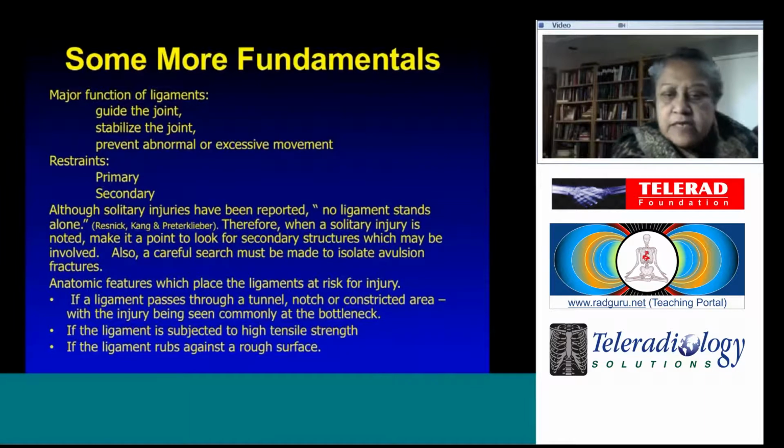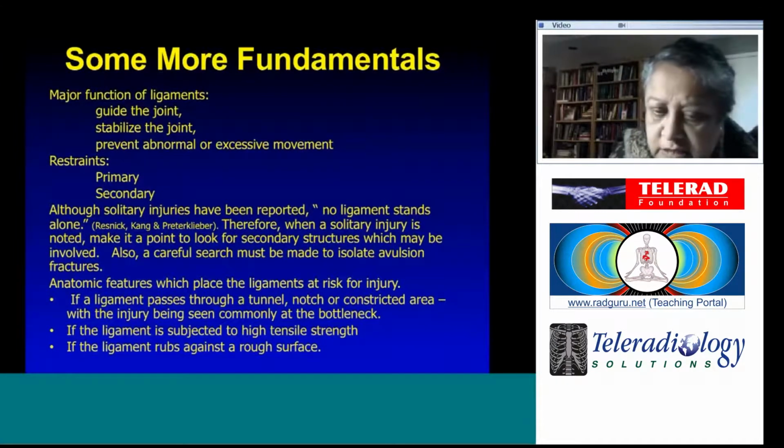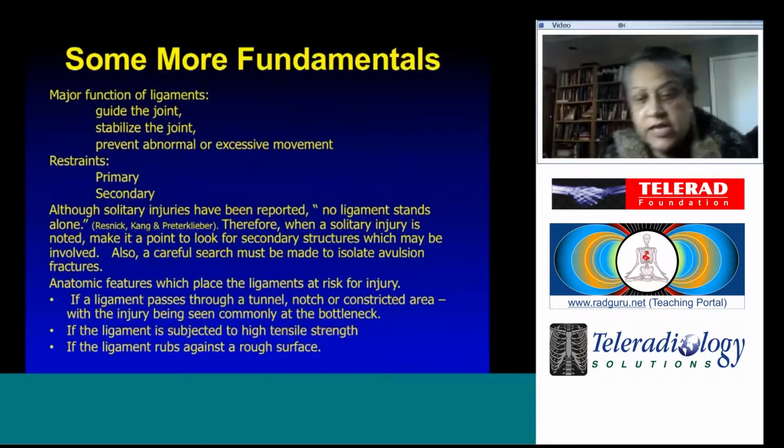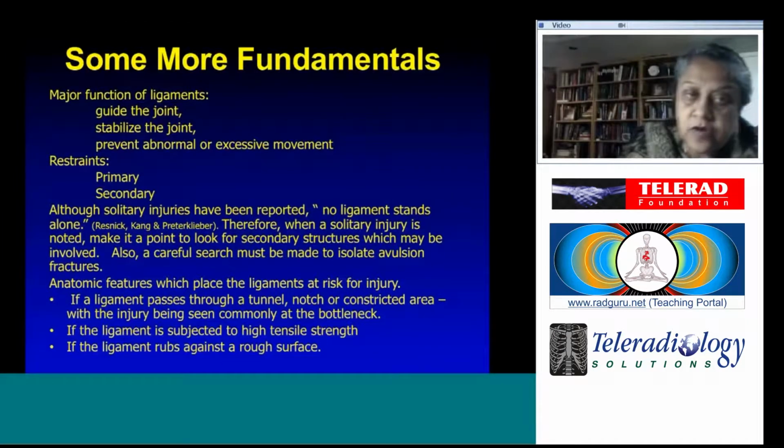If the ligament rubs against a rough surface, naturally in normal people who have not injured their joints, you don't expect to see a rough surface. However, if there is injury to the bone or to the cartilage, a rough surface is provided which can cause attrition of the ligament in question and produce ligamentous injury.